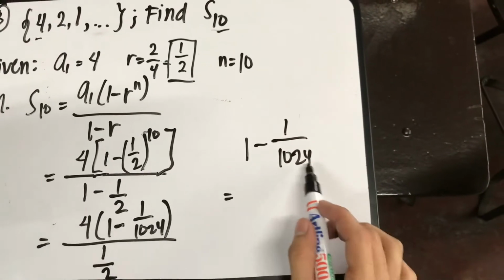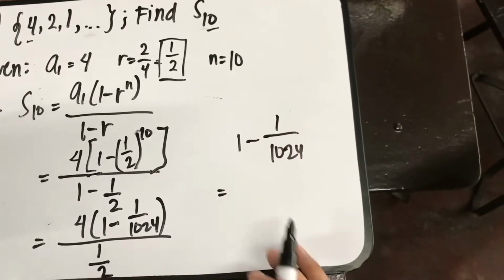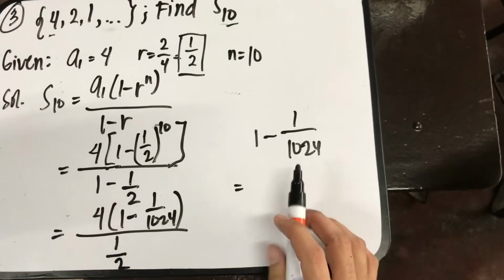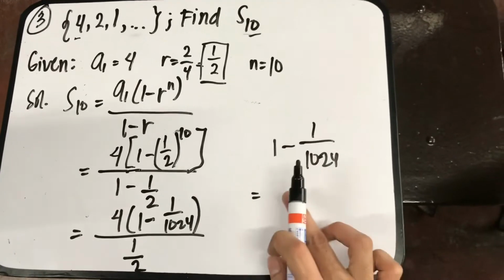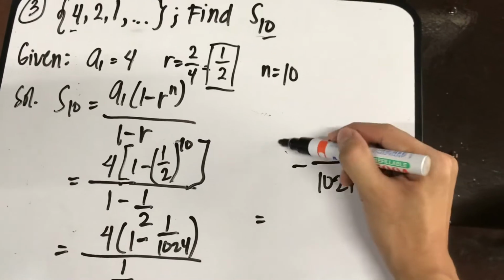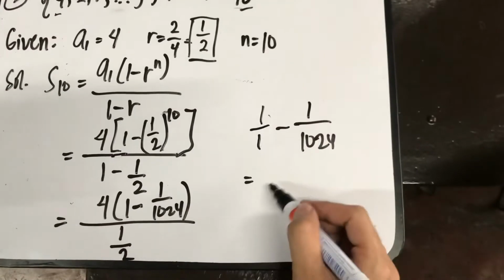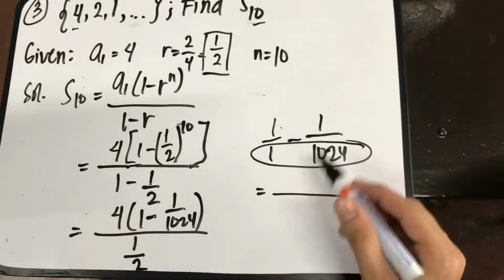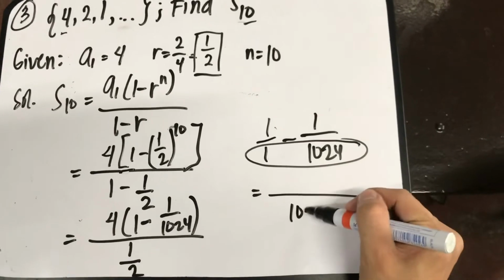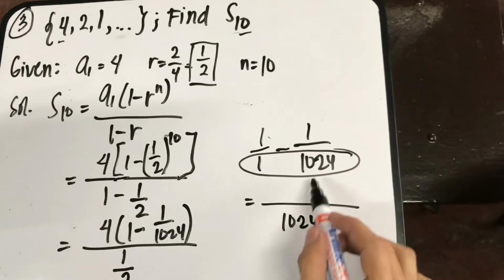Sabi natin kapag nagsusubtract tayo ng fraction, meron tayong ginagamit na butterfly method. Kapag meron kayong whole number, gawin nyo siyang fraction. So, since 1 to, gawin yung 1 over 1. Same lang naman yun. 1 times 1024, that is your denominator, 1024.